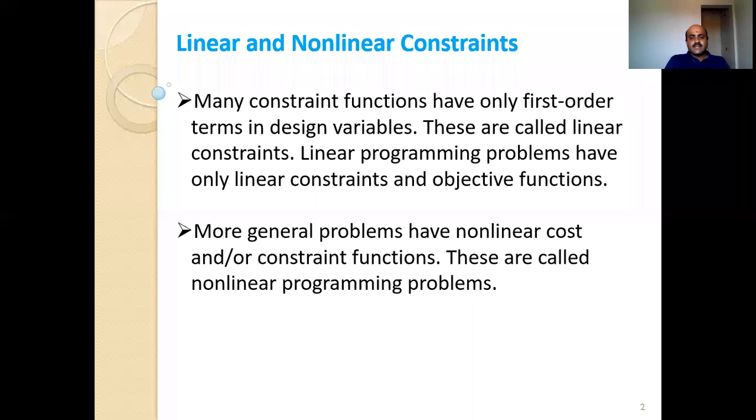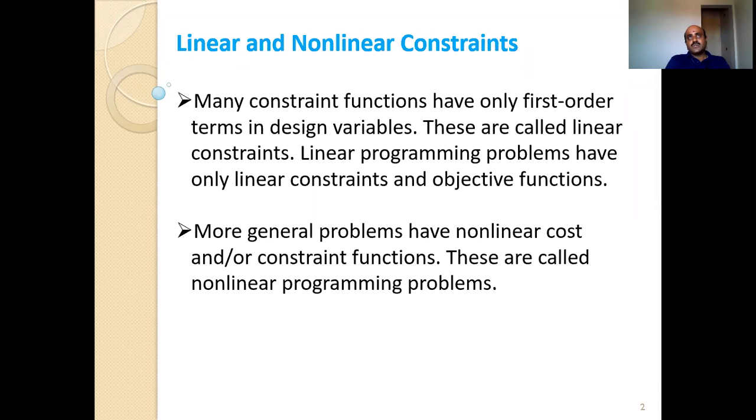When a constraint function has only first order terms in the design variables, we call it a linear constraint. In yesterday's class, we discussed what a design variable is, and how we used the constraints in the design of a cantilever beam as well as the design of a can.